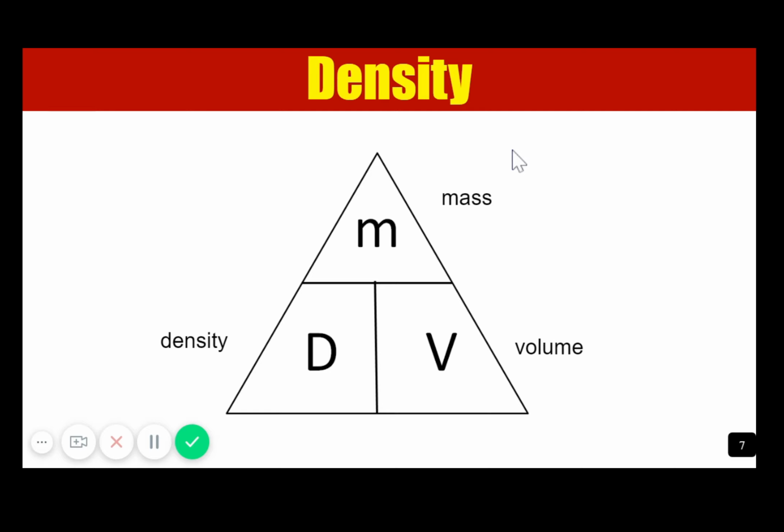So say, for example, if I'm looking for mass, I will cover the mass. If you're watching on your computer screen, you take your hand and place it over the mass. So if I'm calculating the mass, you will see D and V. So M equals D times V. We will see that in the calculation and you will know what I mean.